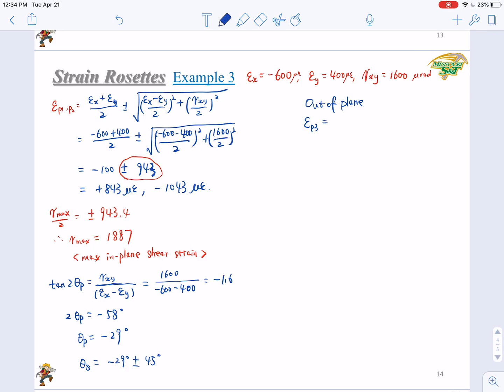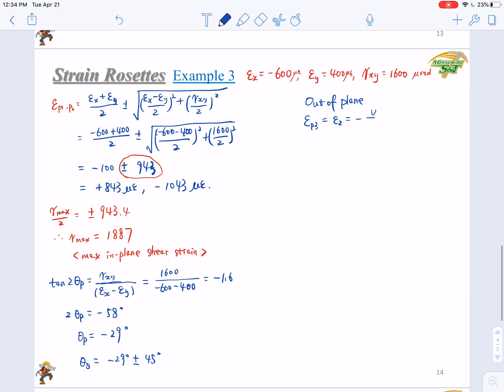Epsilon Z is negative Poisson ratio over 1 plus Poisson ratio times epsilon X plus epsilon Y. The Poisson ratio is 0.3, so we get 0.3 over 1 minus 0.3, times negative 600 plus 400.